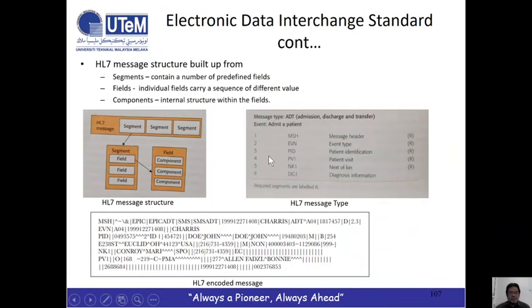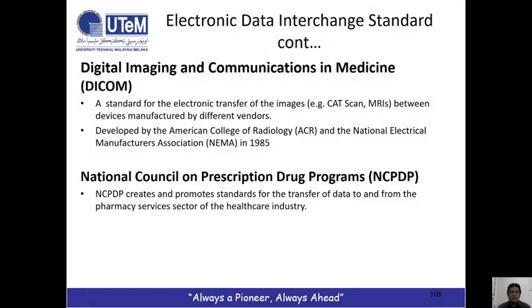So HL7 is used for electronic data interchange between healthcare systems. Another electronic data interchange standard is DICOM, Digital Imaging and Communication in Medicine. DICOM specifically caters for image transfer.